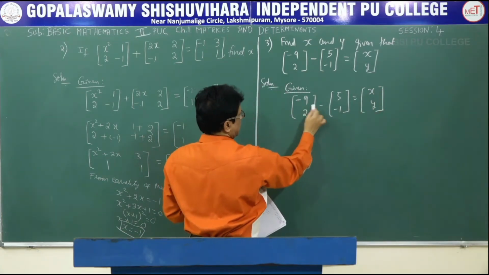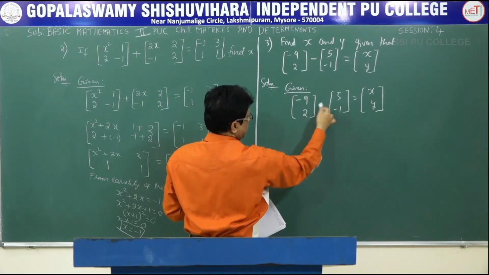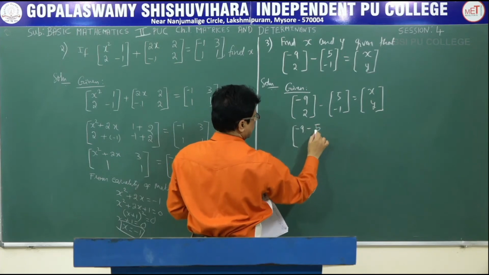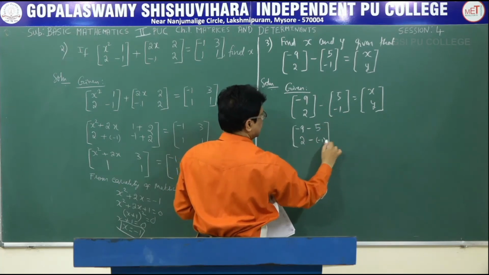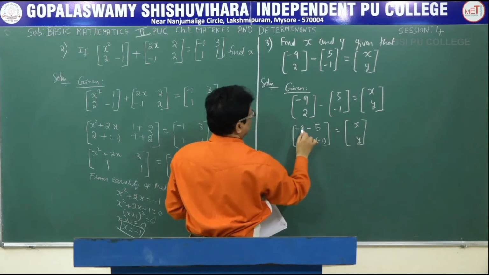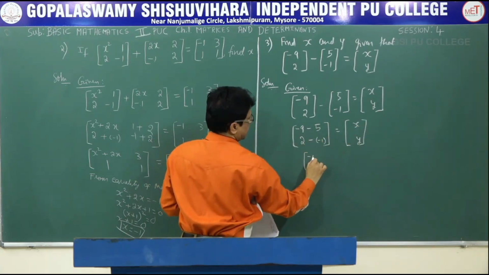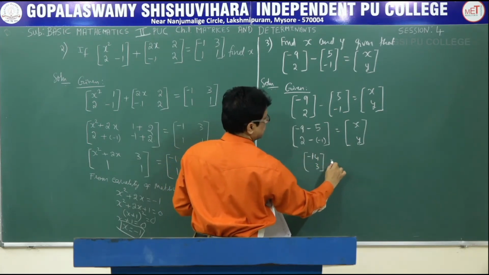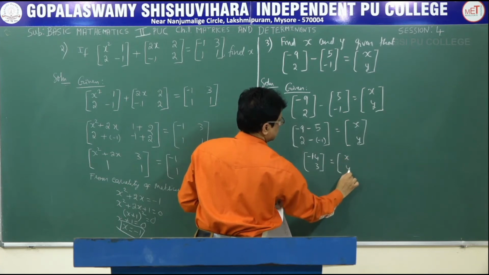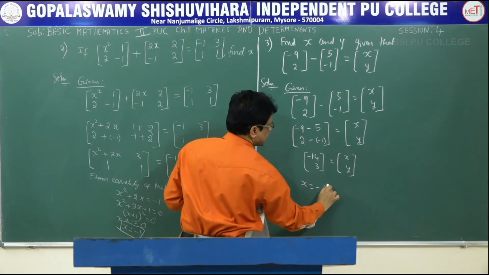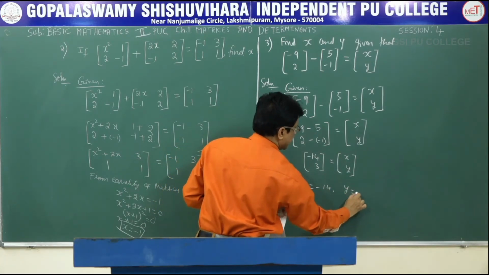So we subtract the corresponding elements in the left hand side. So minus 9 minus 5, 2 minus minus 1 is equal to [x, y]. So minus 9 minus 5 is minus 14. 2 plus 1 is 3. So from equality of matrices we have x equals minus 14, y equals 3.